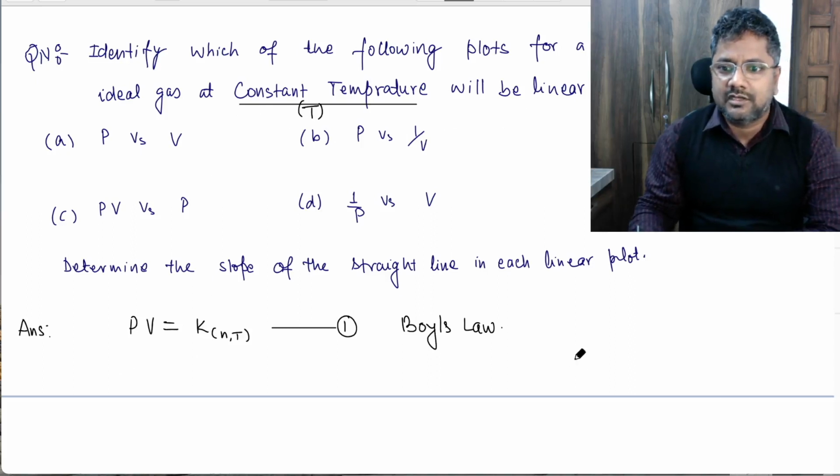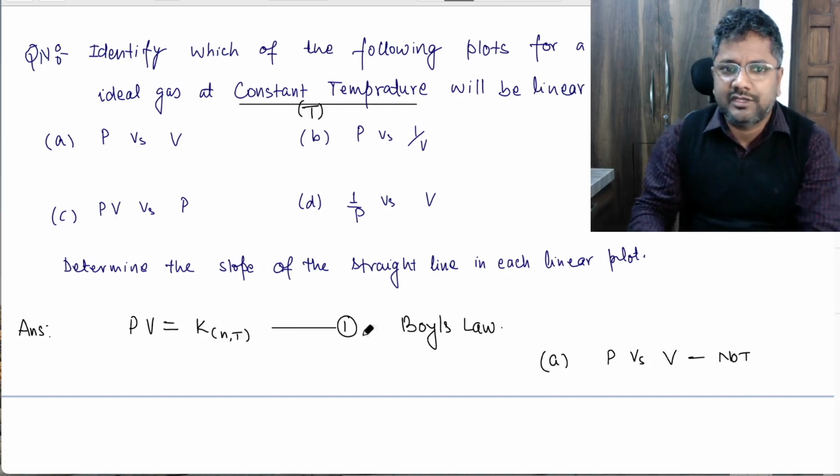If you see in case of A, P versus V, it is not linear. As we know, P is inversely proportional to V, so it is non-linear.